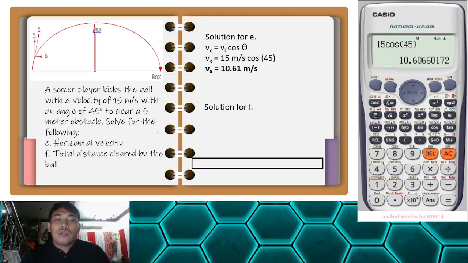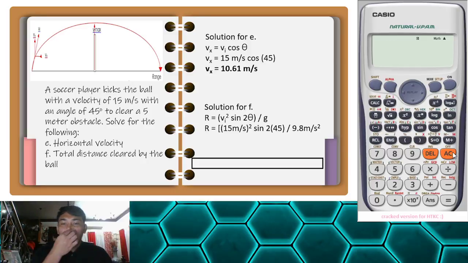And lastly, for the total distance cleared by the ball, we have the range, which is R equivalent to Vi squared sine 2 theta all over g. Substituting the values, we have 15 squared, sine 2 multiplied by 45.